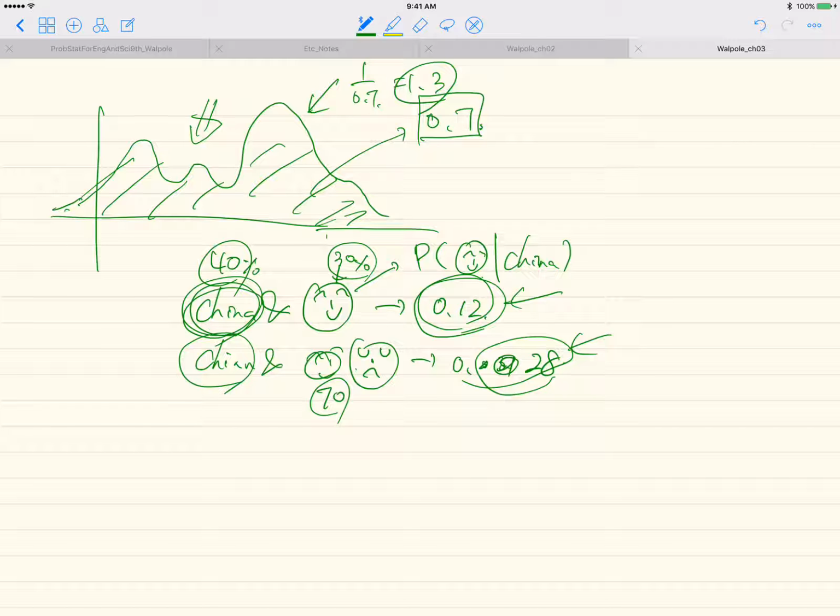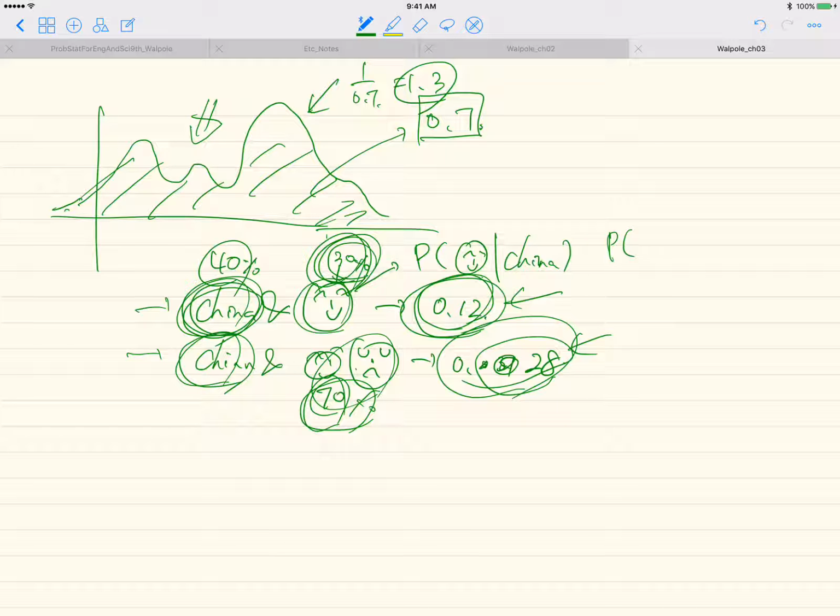But in this case, suppose we don't know this 30% and 70% at all, and we are only given these 2 probabilities of the joint event of being China and working great, and China being faulty. In order to normalize these probabilities between 0.12 and 0.28, their sum is 0.4, right?